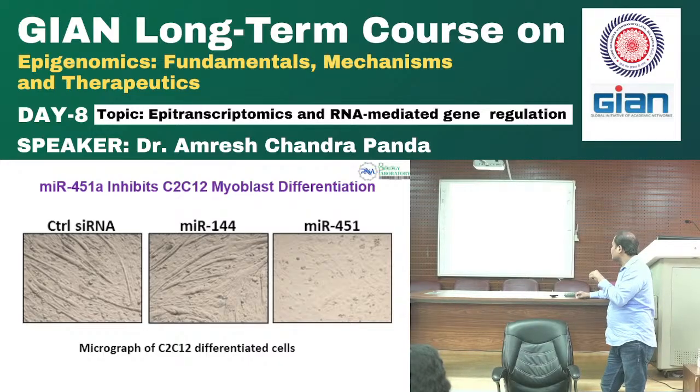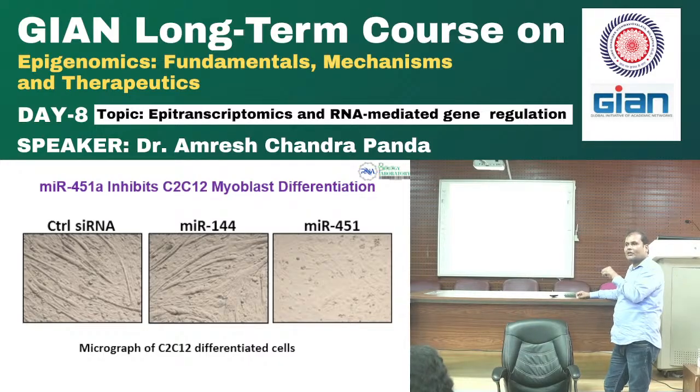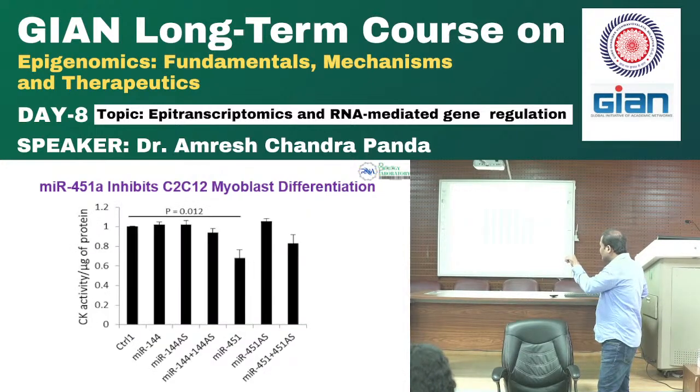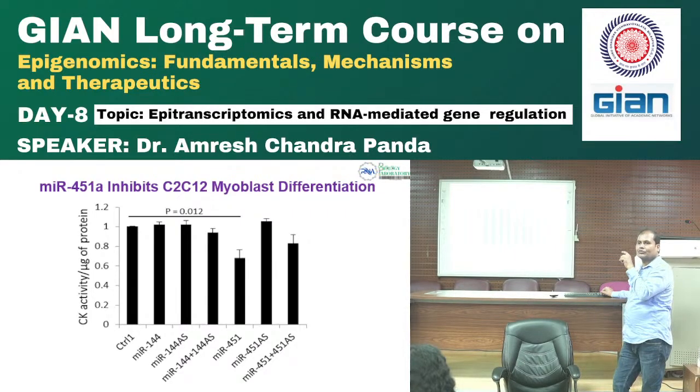So this suggests that this microRNA 451 could be an inhibitor of myogenesis because you don't see myotubes there, and this is another way to show the creatine kinase activity. So this is an enzyme that is expressed during the myogenesis process. So in case of 451, you see a decrease in the activity. So that shows myotube formation is inhibited with that microRNA.